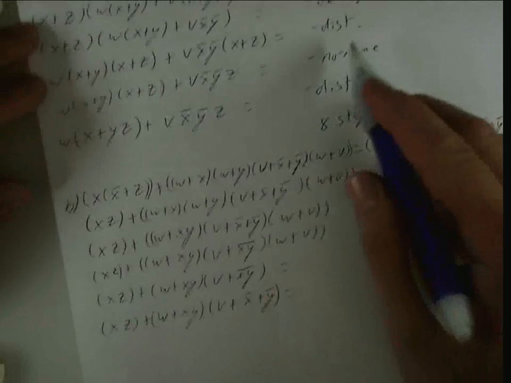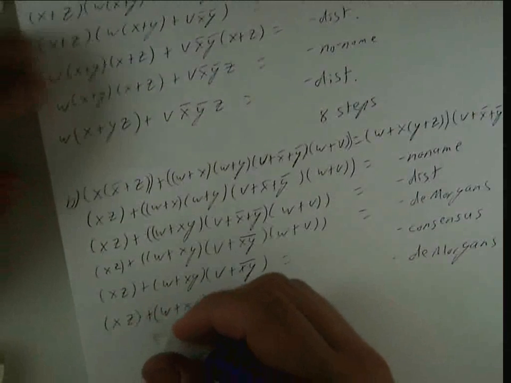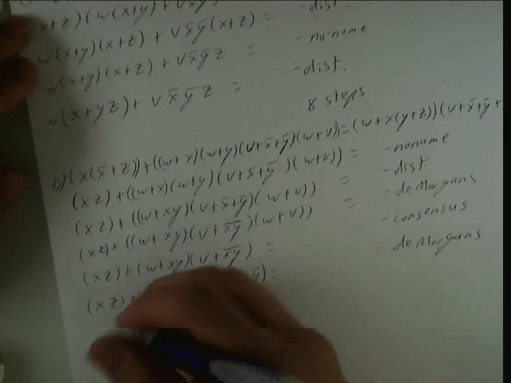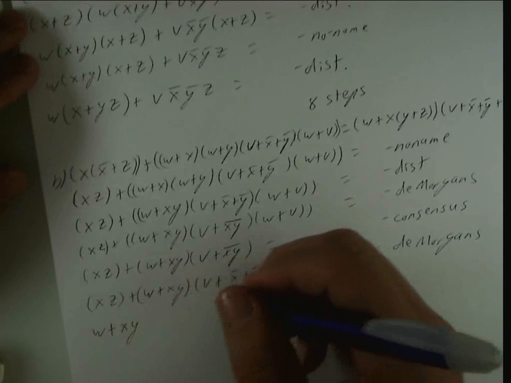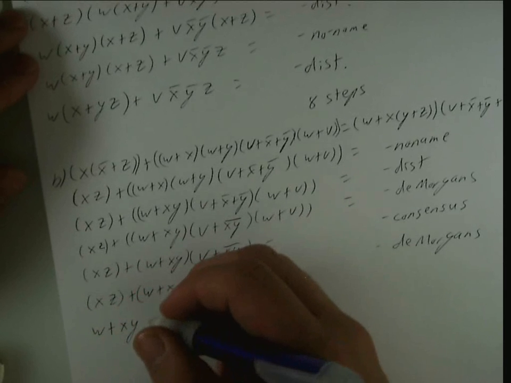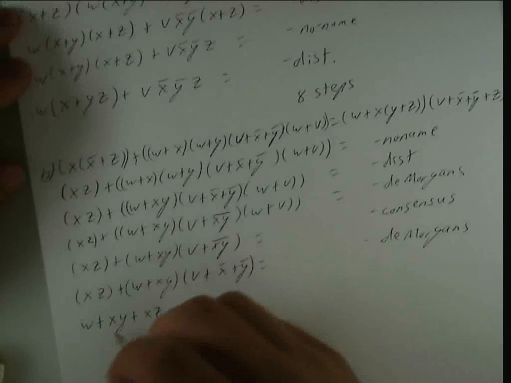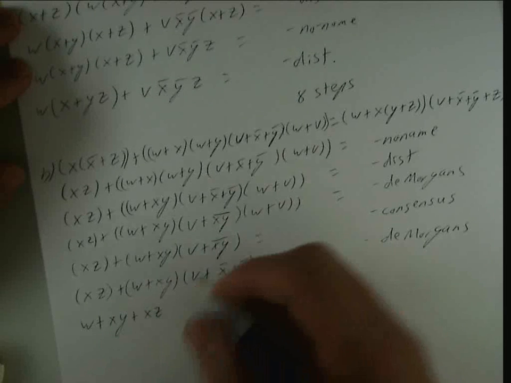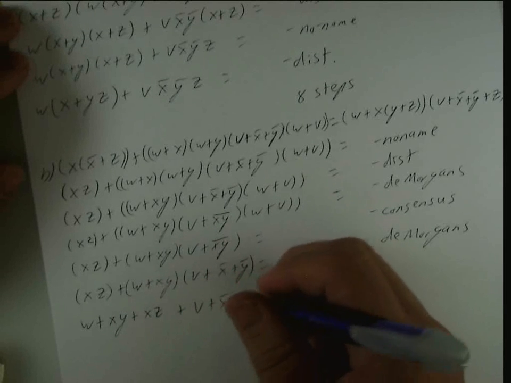And then I've got the distribution thing, so I'm going to put, how does this look exactly? So I have this w or xy ORed xz. So this actually will be easier to see how that distribution worked. And then this is v or x bar or y bar.